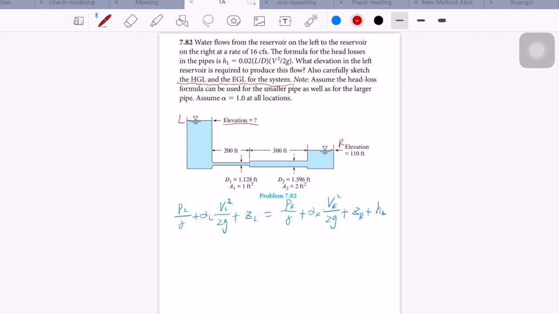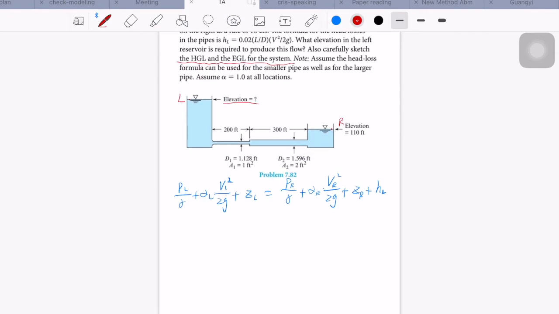And based on this problem, we know that alpha L is equal to alpha R equals 1, since we assume that alpha equals 1 at all the locations. And we know PL is equal to 0, and VL also is 0, and PR is 0, VR also is 0, and so we know the ZR elevation is 110 feet.